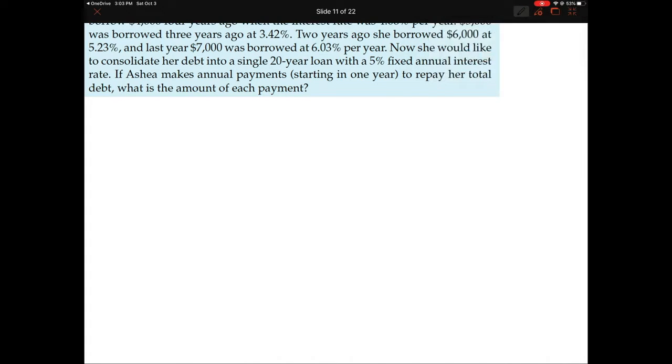So the cash flow diagram, if we are looking at this problem from Ashia's perspective, you can draw the cash flow diagram. Let me find my notes.